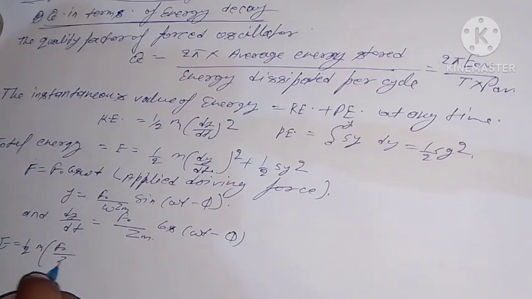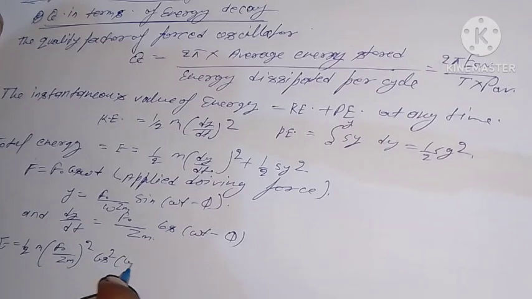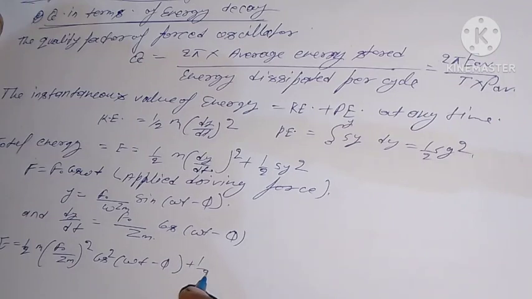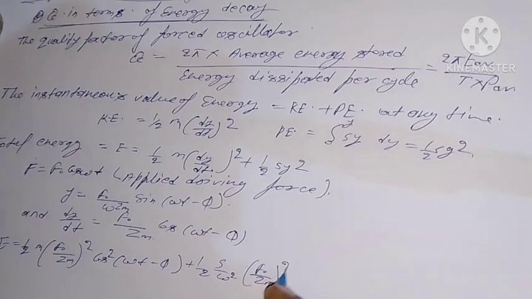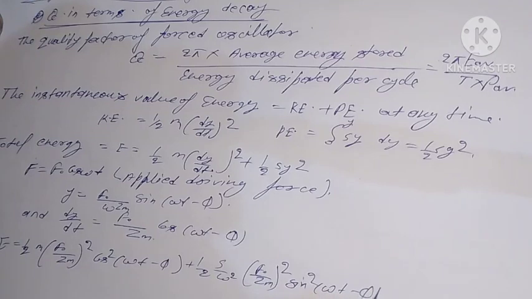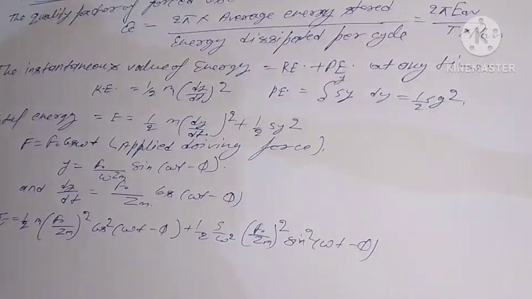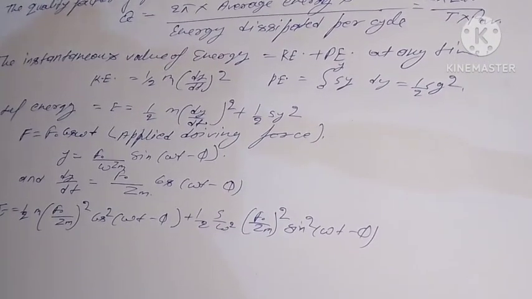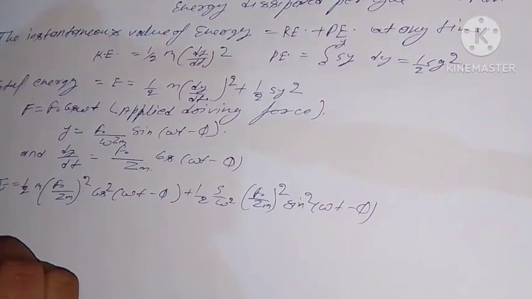So the energy equals 1 by 2 m (F naught upon Zm) whole square cos square (omega t minus phi) plus 1 by 2 s by omega square (F naught upon Zm) whole square sin square (omega t minus phi).